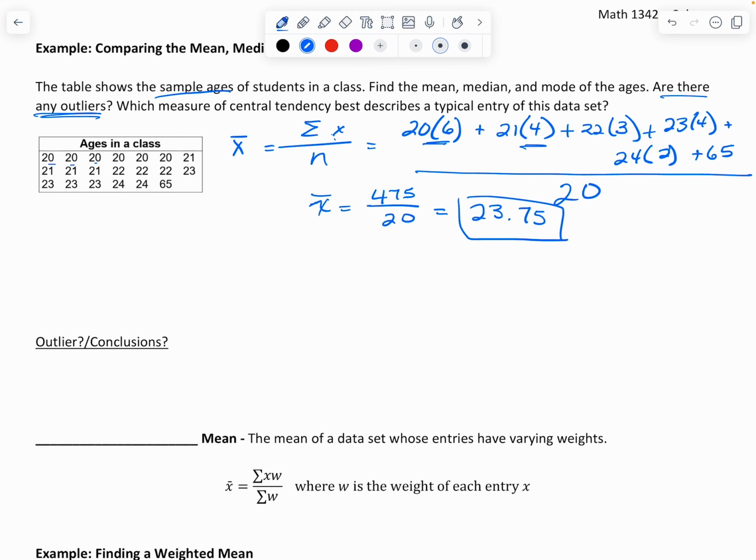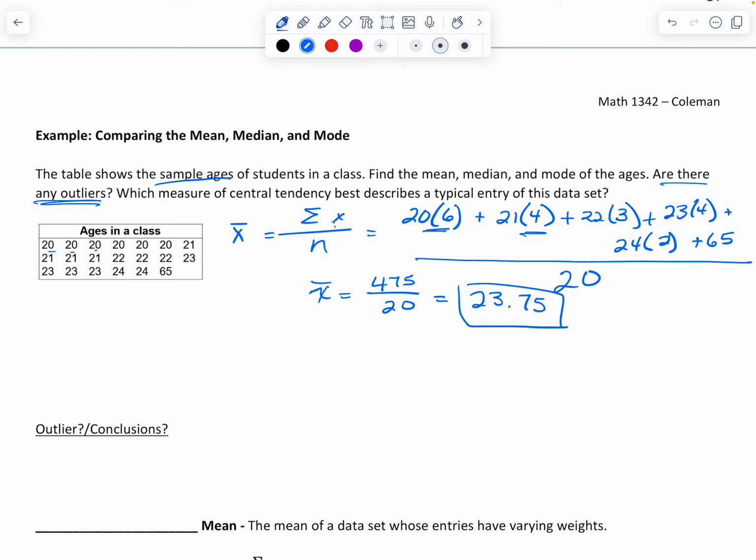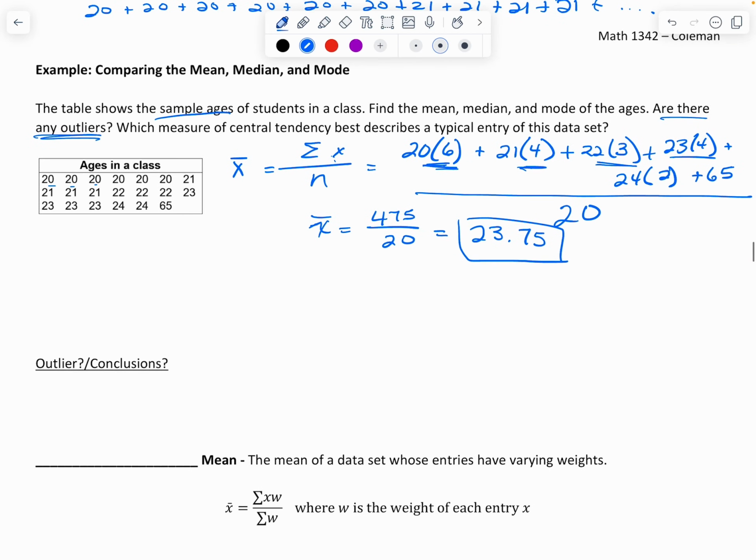If you don't like the way this is written out, of course you can always do 20 plus 20 plus 20 plus 20 plus 20 plus 20 for the 6, then 21 plus 21 plus 21 plus 21, and so on and so on. This is just a simplified way of writing it. But if you don't like that way, then you don't have to use it.